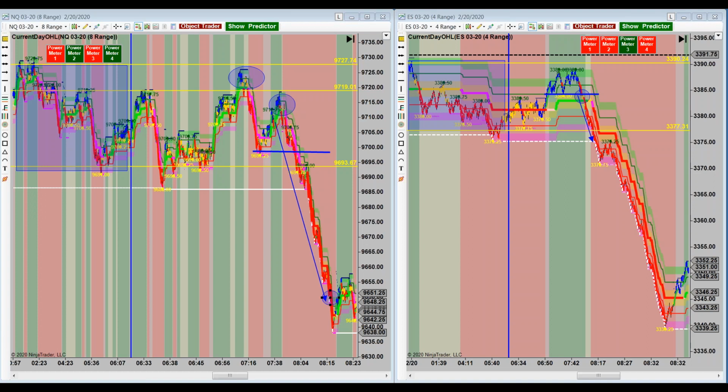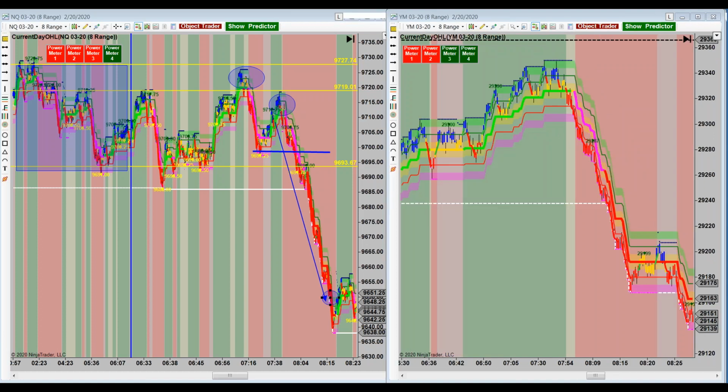First we're going to look at YM versus NASDAQ, and then we'll look at YM versus ES in terms of leadership on that big sell-off.